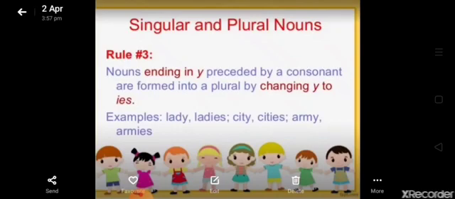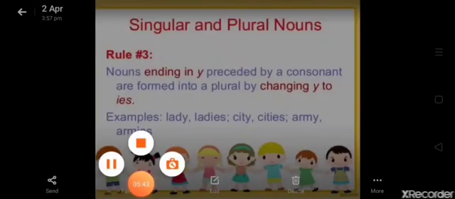And a few more examples we can take: a fairy, fairies, and baby, babies. So, these are the examples of rule number 3. Always remember this, in place of y, we are going to use i, e, s. So, this is rule number 3.